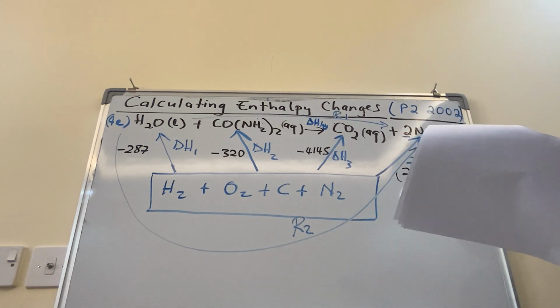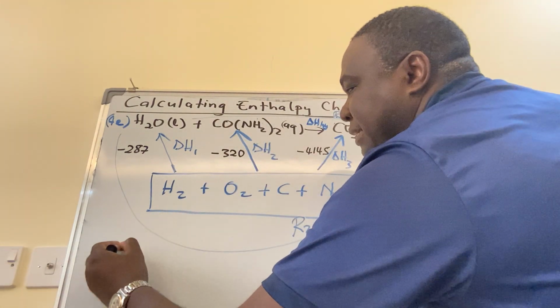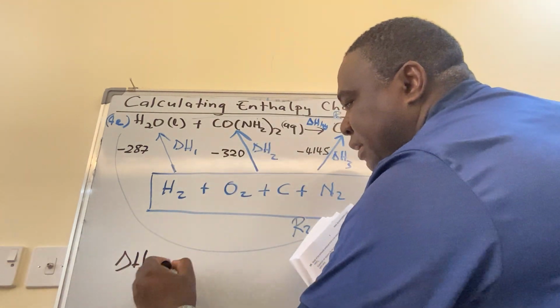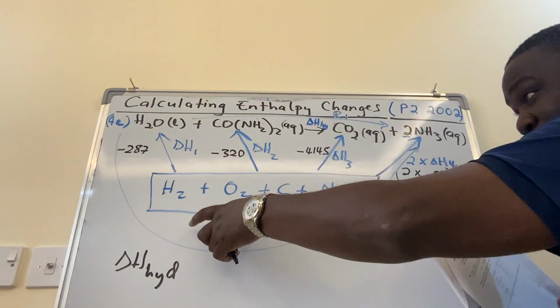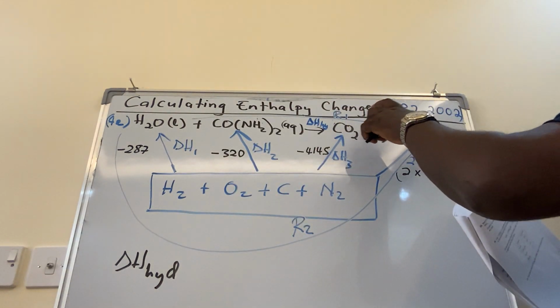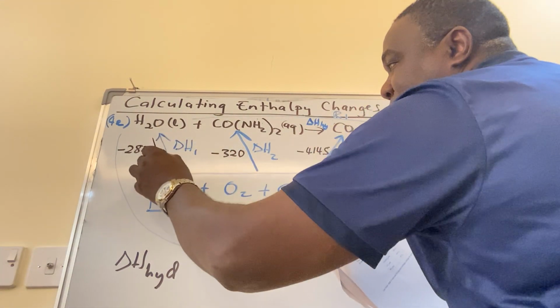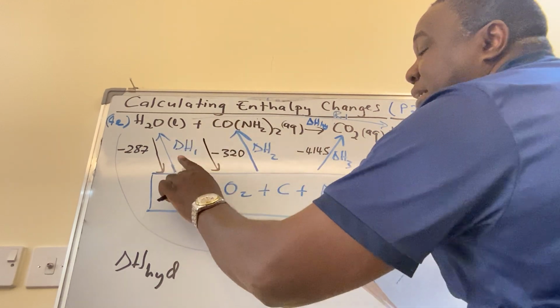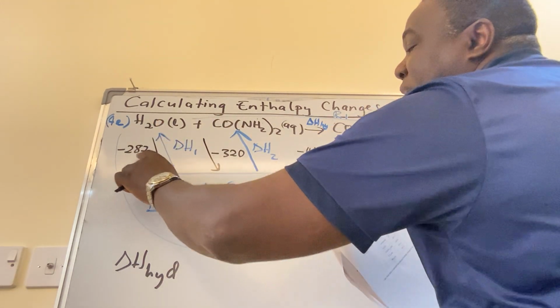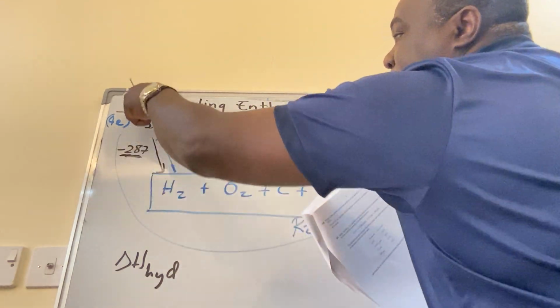So we can translate our equation. Going straight, delta H hydration, which is route 1, is equivalent to going down and up. If I am going down, the delta H was minus 287 going up, so if I go down, I have to change the sign because I'm opposing.